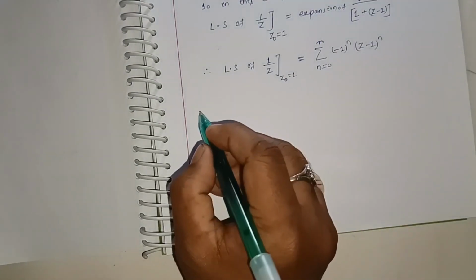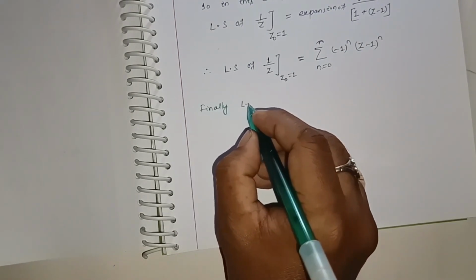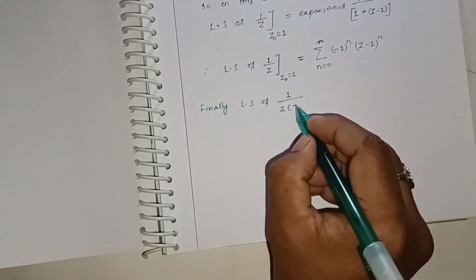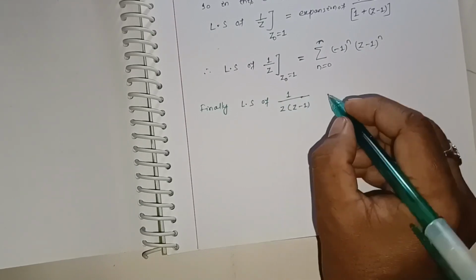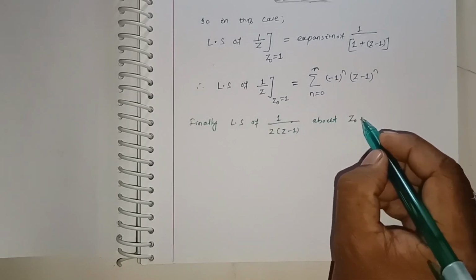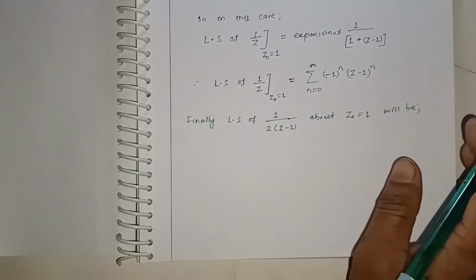So finally the Laurent series of 1 by z into z minus 1 about z0 equal to 1 will be what?